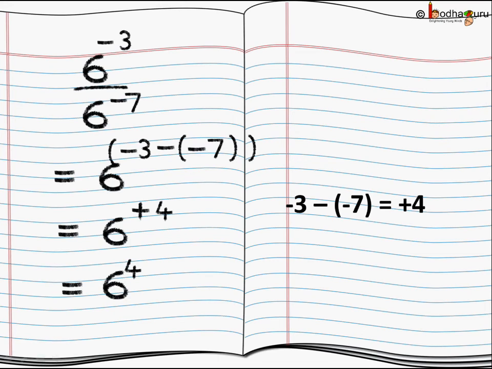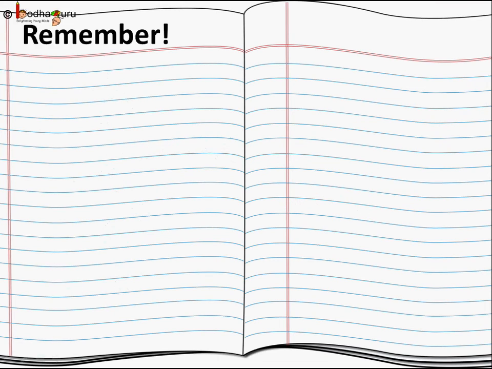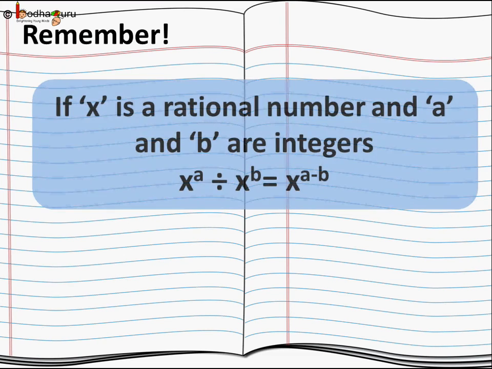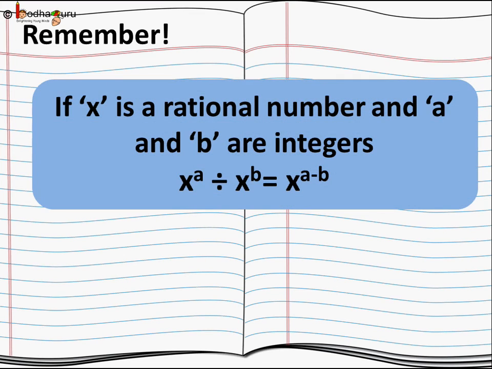So remember children, if x is a rational number and a and b are integers, then x to the power a divided by x to the power b is equal to x to the power a minus b.